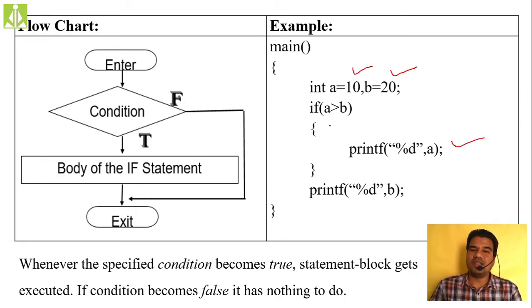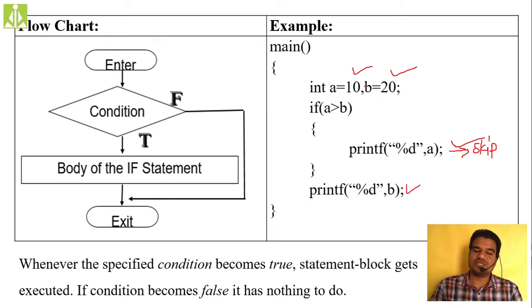If a is not greater than b, if a is lesser than b, like with a as 10 and b as 20, then this condition will become false. It will skip this statement and it will print only the b value. It will not print a value.